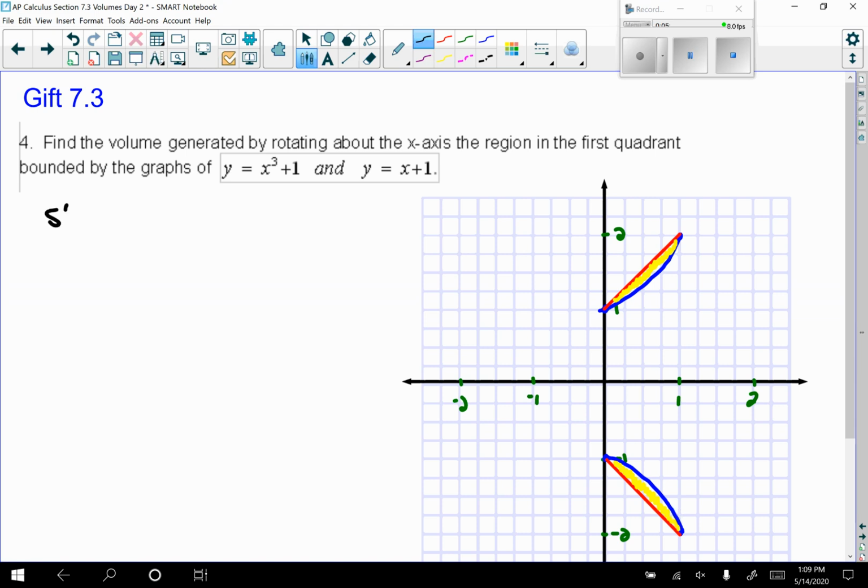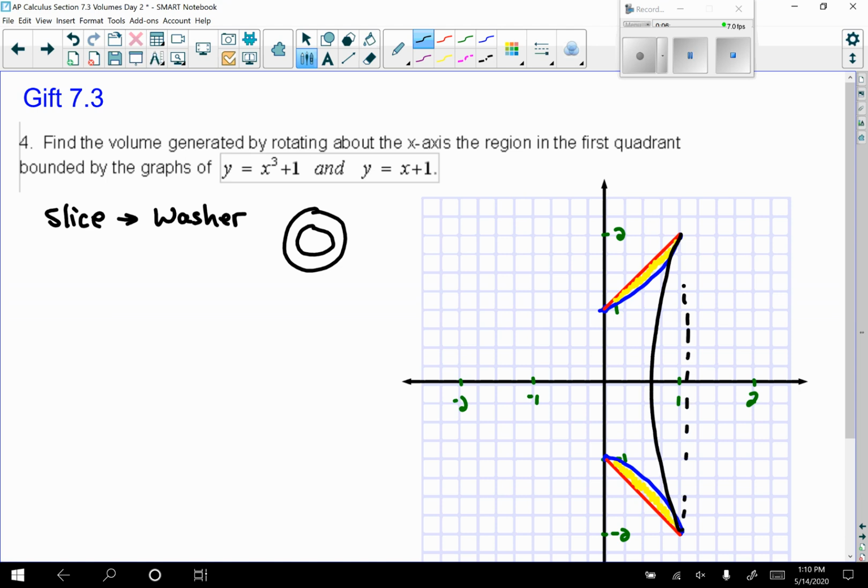So each slice is not a solid circle anymore. It's what we call a washer. And washers, just like with tools, screws, nuts, bolts, everything like that, it just looks like the middle part is cut out. So that's what a washer is, and that's what we're looking at here. So we have a little bit of extra work involved with this type of problem.